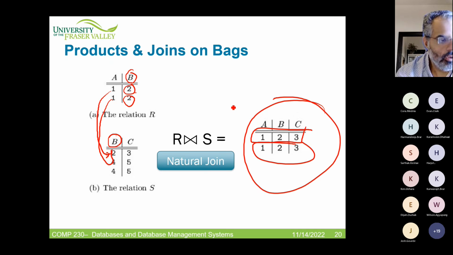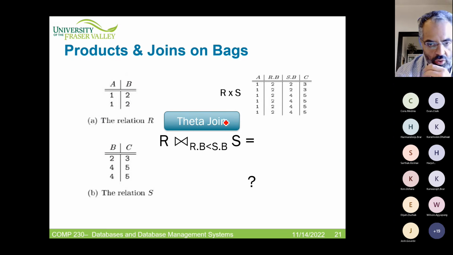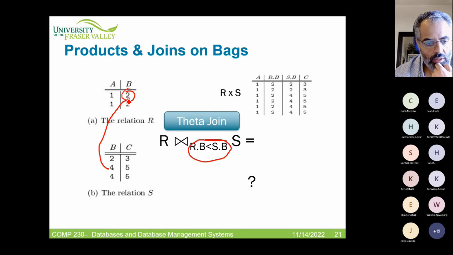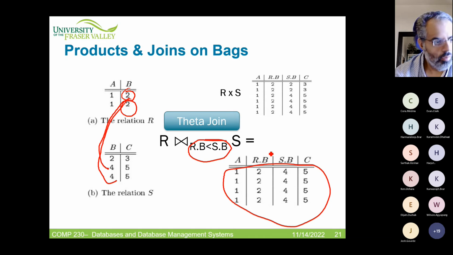So this will be the final output, same as we know, but with duplication allowed. Theta join is when we have a condition to be applied, like here where B in the first is less than B in the second. So if you take this B here, it should be less. We can take it with this and with this. The same for the second in this case. So you will have 1, 2, 4, 5, 1, 2, 4, 5, 1, 2, 4, 5, 1, 2, 4, 5 in this case.